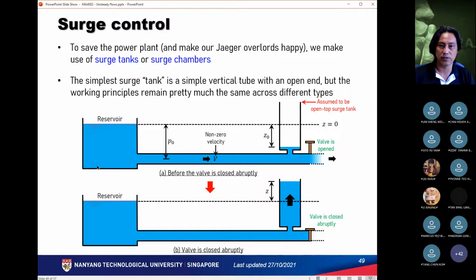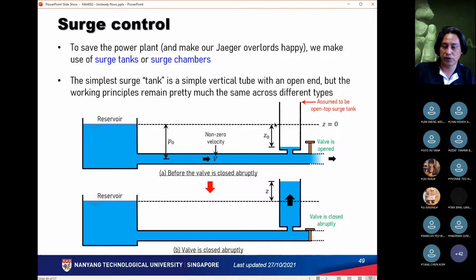Imagine we have this reservoir. When the valve is open, water flows from the reservoir through the pipe and flows downstream happily. There will be a certain water level within the surge tank. This is what we call an open top surge tank, whereby the water within the surge tank is exposed to atmospheric pressure.